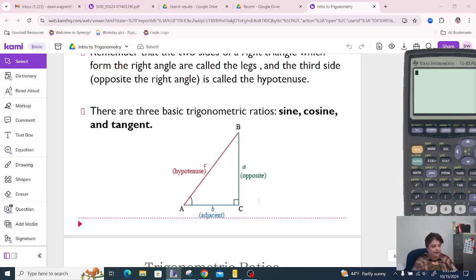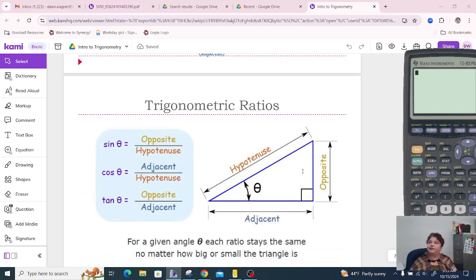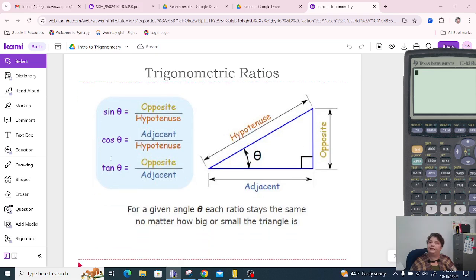There are three trigonometry ratios: sine, cosine, tangent. No, you're not writing anything yet. Okay, here are the ratios you have to write on your paper right here. I'm still on the very first page, in the middle. It says trigonometry ratios. Write the ratio below. You could put an X or you can use theta.